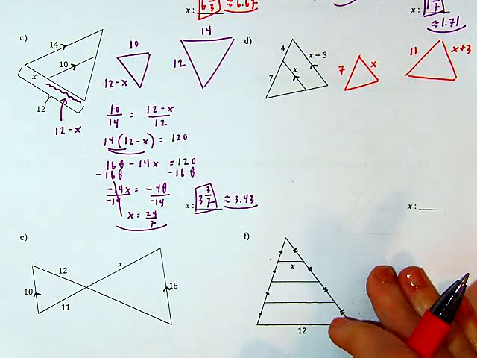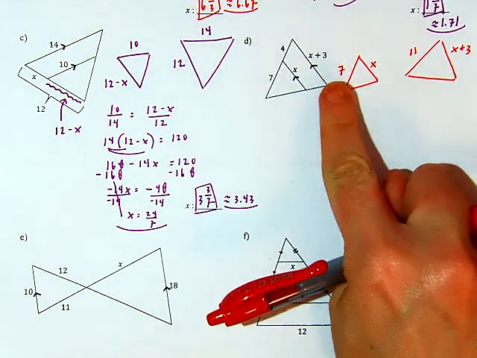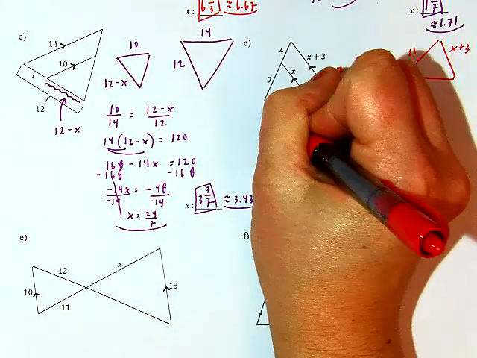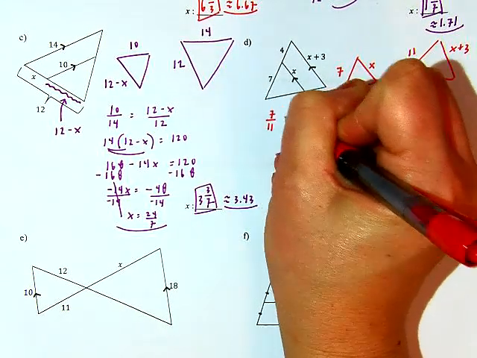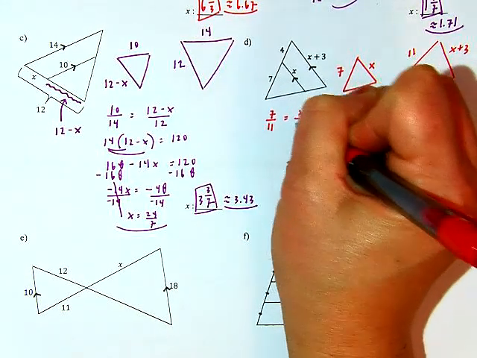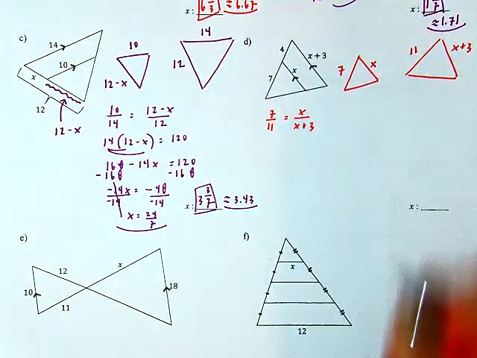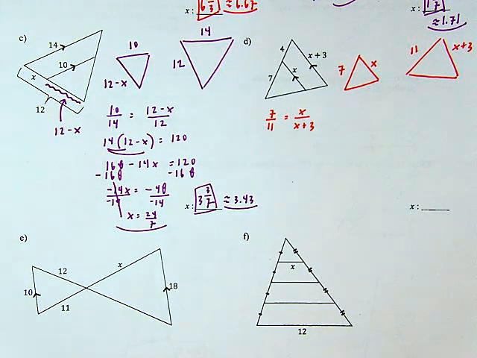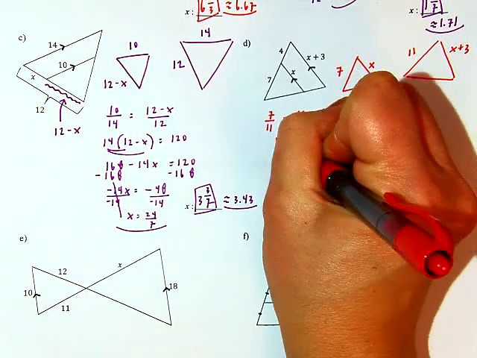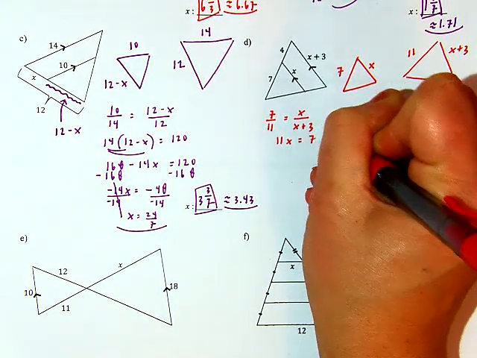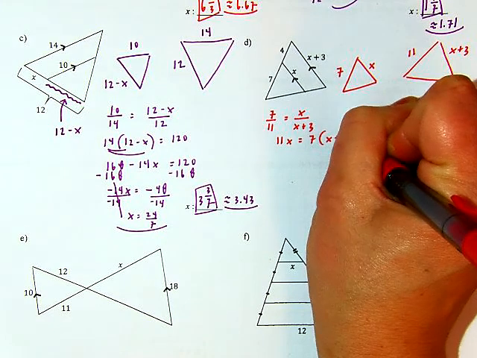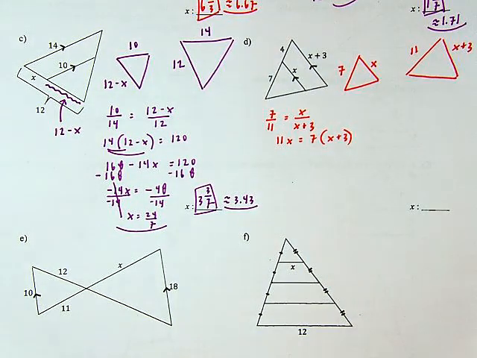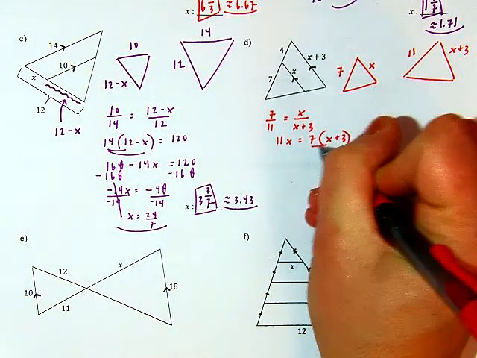So here, if I build my proportion, I can say that 7 is to 11, just as x is to x plus 3. Okay, cross multiply, and I have 11x equals 7 times the package of x plus 3. Okay, distribute the 7.